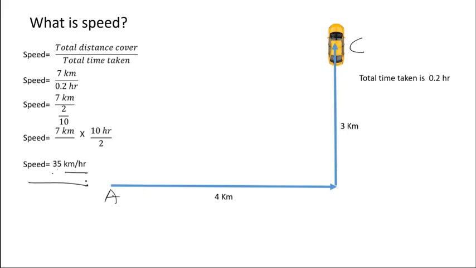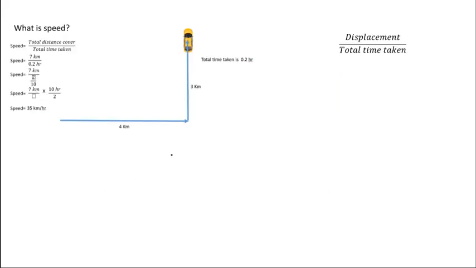Please remember this. Now, suppose I try to calculate displacement divided by time taken. We know the time taken, 0.2 hours, but we don't know the displacement. What we have found is total distance divided by time. Distance is different than displacement.